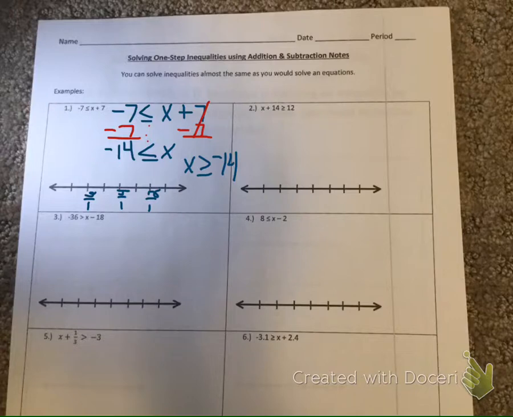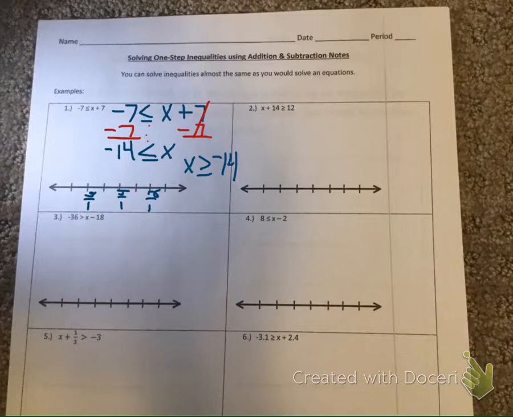Okay, when I graph this on the number line, I always put the number that I'm graphing in the middle of the number line. And if you notice, you don't have to number every single number line as long as it's to scale. So I have the -14 in the middle there, and then I counted every other one, but I'm technically counting by ones. Now for this number line, it is including the -14 because it is greater than or equal to.